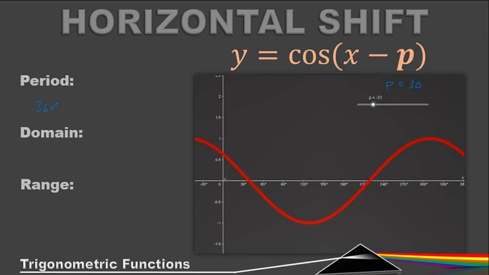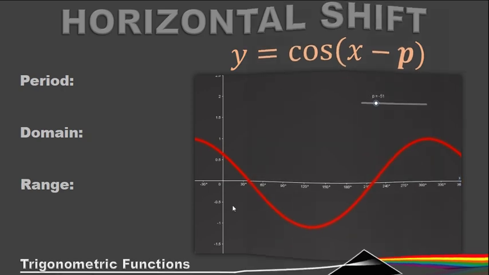So if our domain was from 0 to 360 in the original graph, and we shift 30 units to the right, our equation will look like y equals cos of x minus 30, and our domain is now x is an element of 30 degrees up to 390 degrees. And then the range stays unaffected from -1 up to 1.